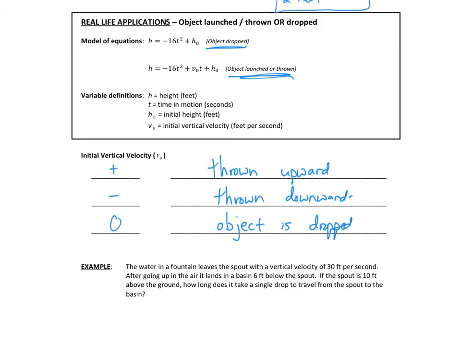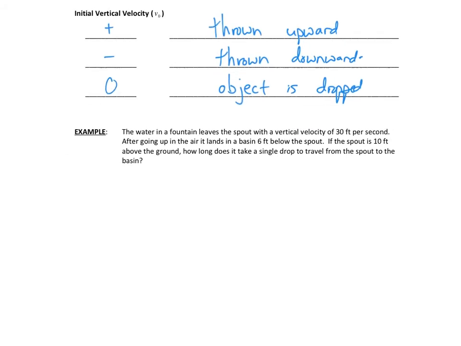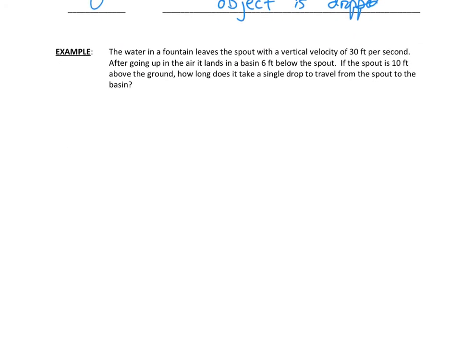This problem is a little bit challenging, especially because you got to draw a picture for it, but we'll work through it. The water in a fountain leaves a spout with a vertical velocity of 30 feet per second. That's positive 30, so it means it goes up in the air. After going up in the air, it lands in a basin 6 feet below the spout.